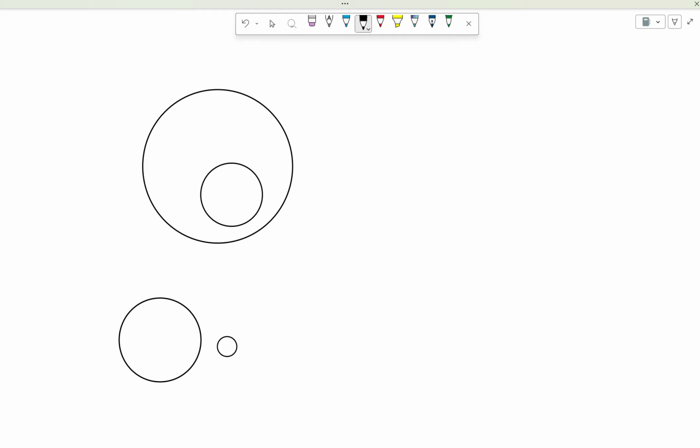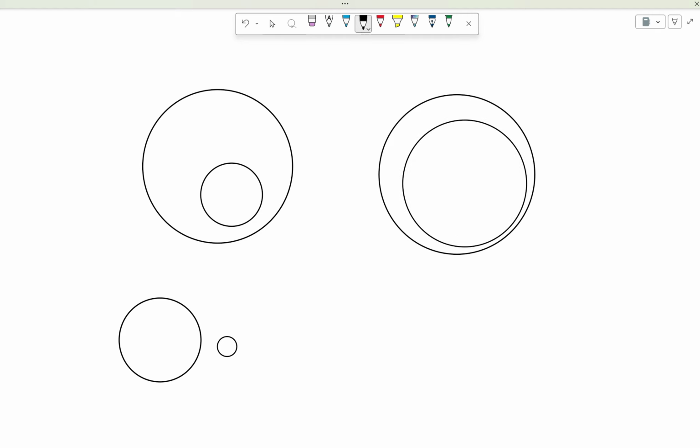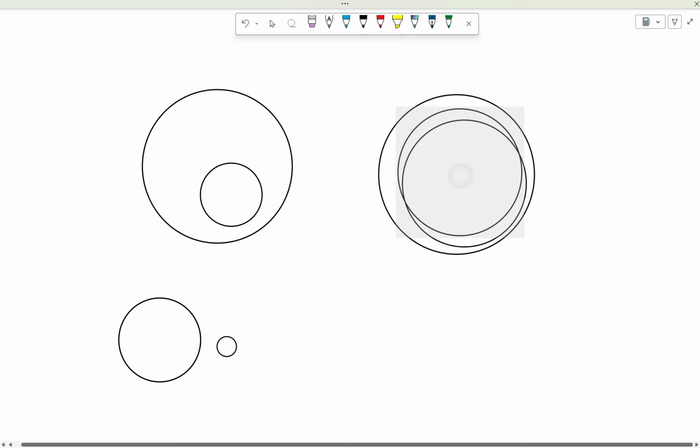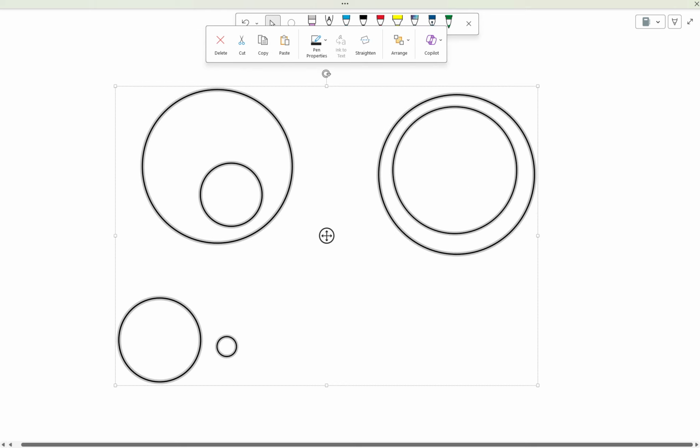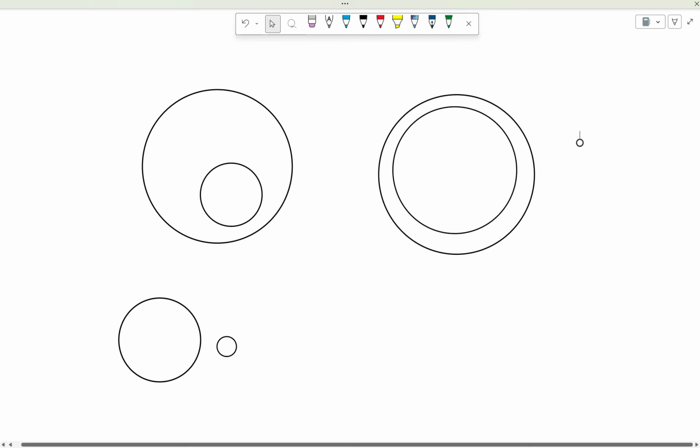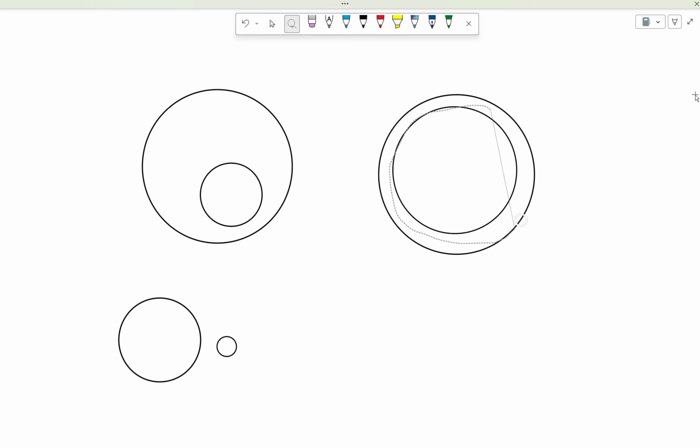And here's actually a fun one right here. I could do this guy, and I could do another one inside of it. Oh, this one didn't turn out that great. But here's what makes these ones special. I can get it to snap to. It's tricky.